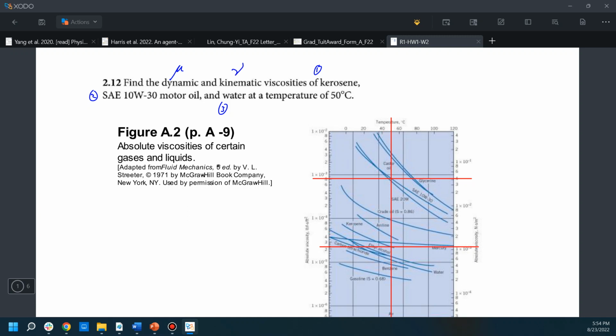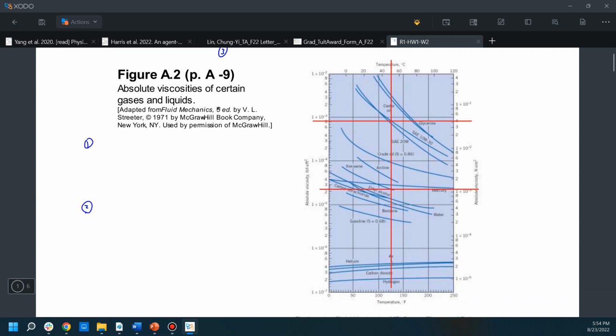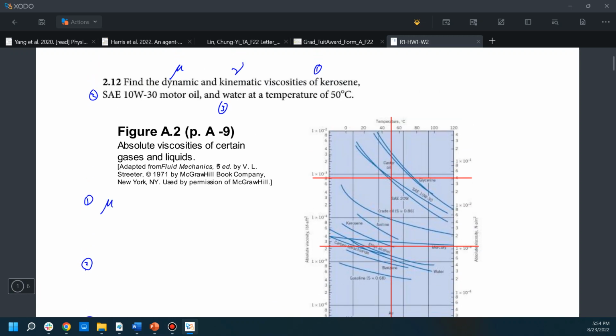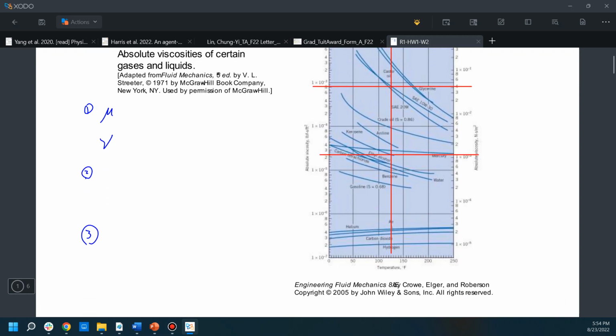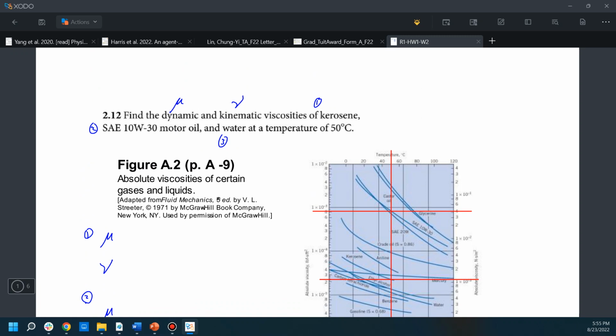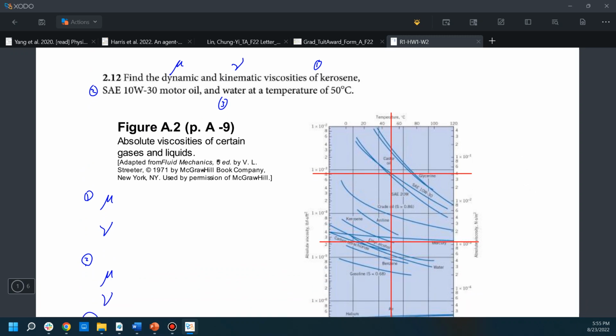So let's write that down: 1, 2, 3, mu, tau.